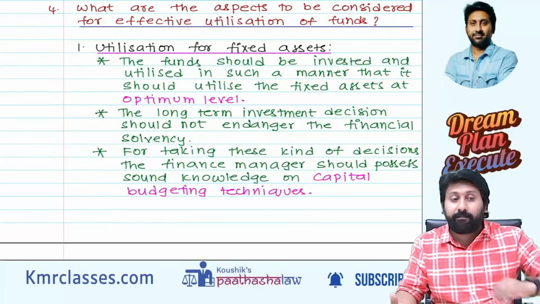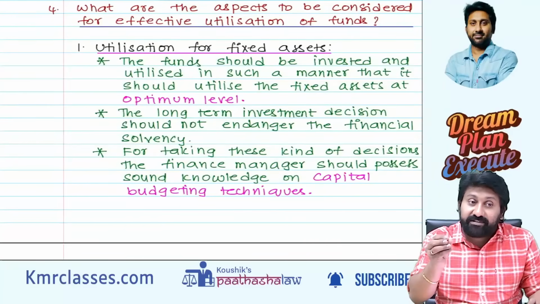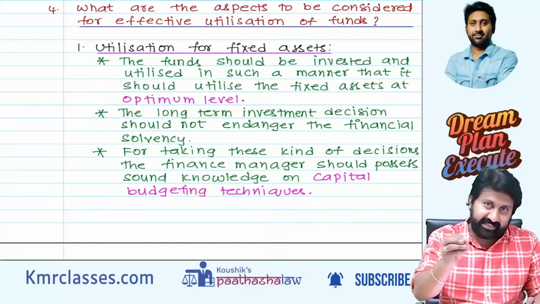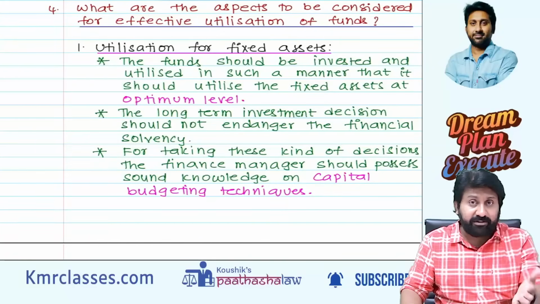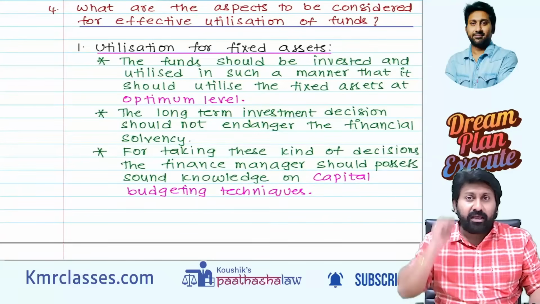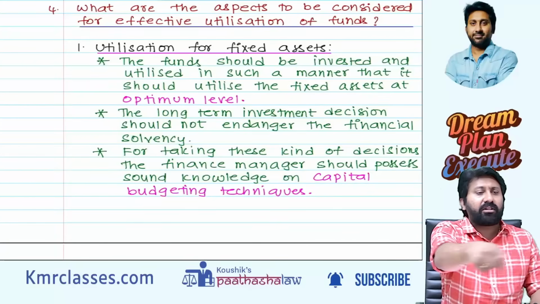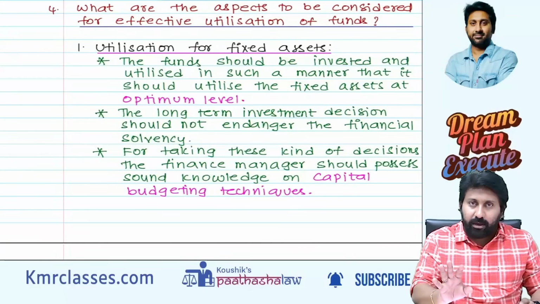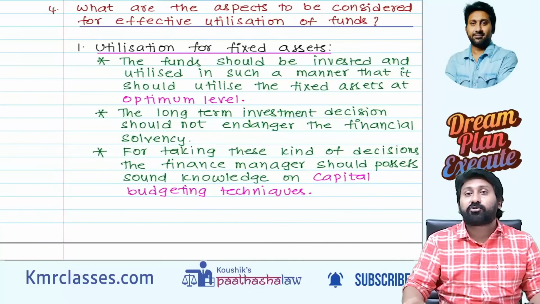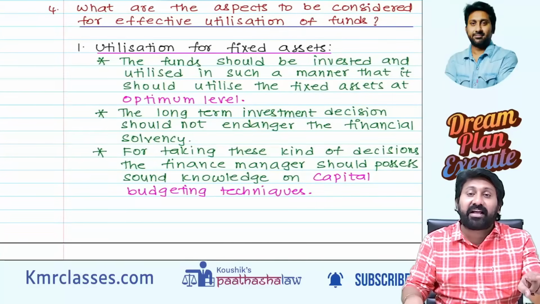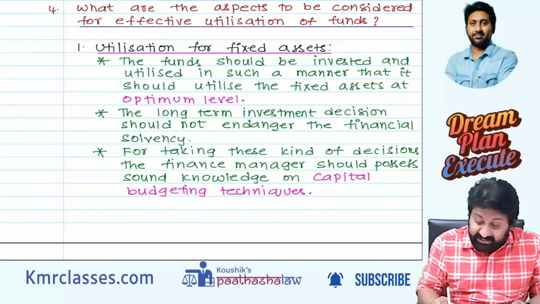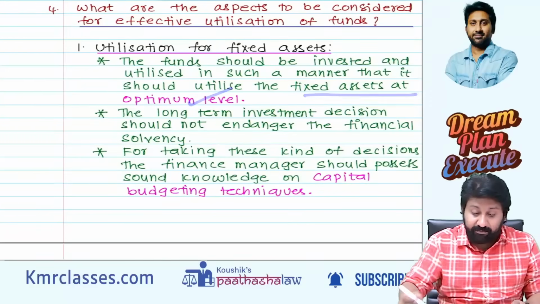There are 4 or 5 combinations of assets. You have to invest your 100 rupees in such a way that the overall NPV should be higher. Not just because I have 100 rupees in my pocket and there are 5 assets, invest. No, you have to apply the capital rationing technique, and then invest in the assets. Then I call it investing in the fixed assets at their optimum level.